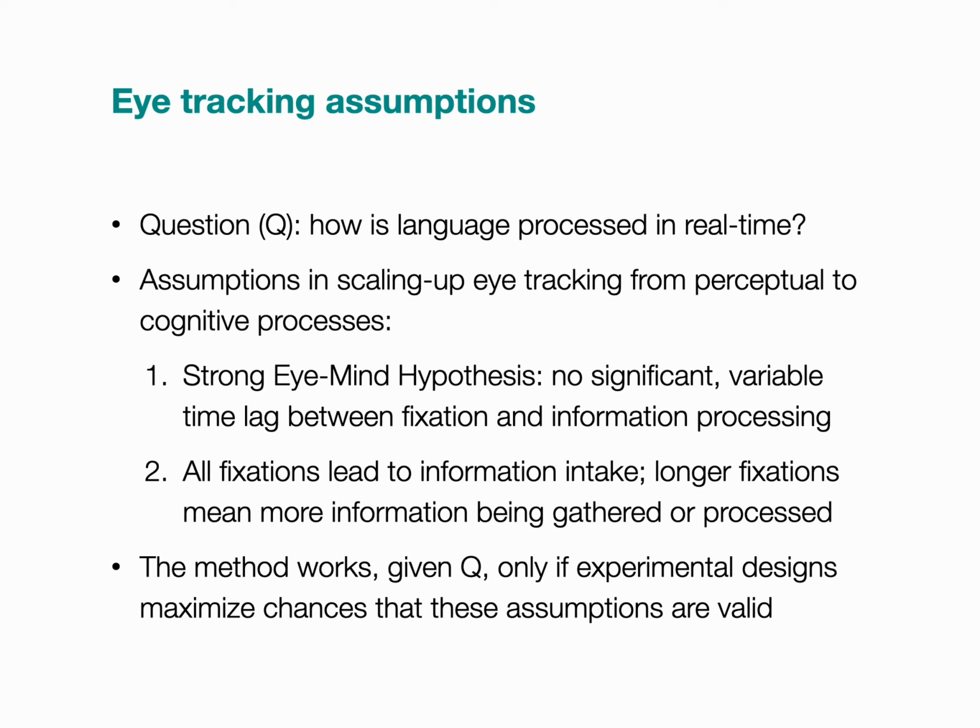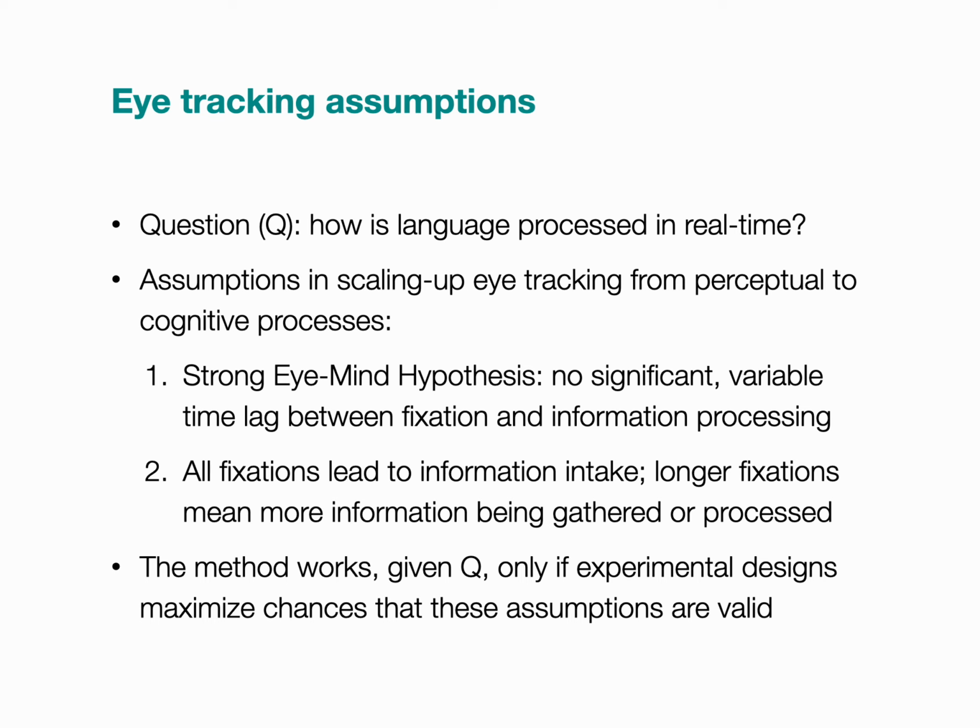If not all fixations lead to information intake, or if there is no correlation between the duration of fixations and the amount of information processing, once again, it becomes difficult or impossible to use eye movements to draw inferences about cognitive processes. Eye tracking works only with experimental designs that maximize chances that these assumptions are valid.